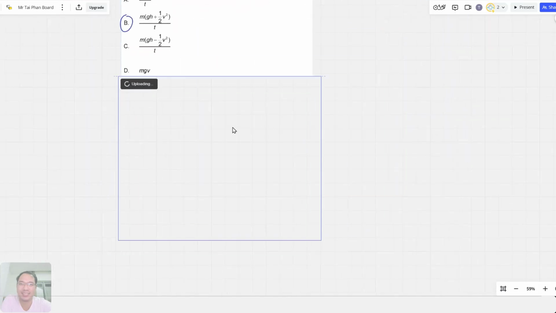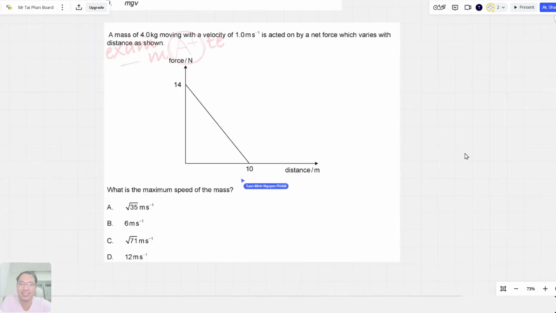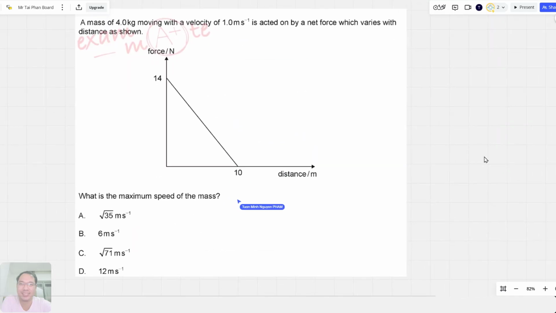The graph shows force variation, with force 14 and distance 10. What's the maximum speed of the mass? So we have force and then distance.